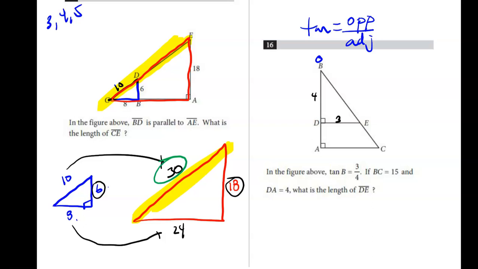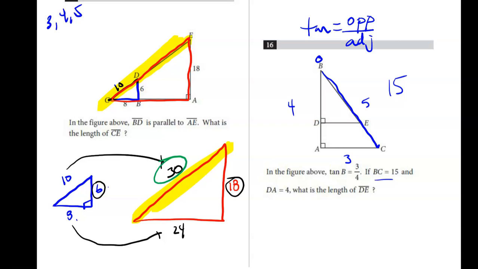And I'm going to focus on the bigger triangle, because the only value they really give me that was helpful was they did tell me that this side over here was 15. So if I have a 3 to 4 ratio, well, again, there's my triangle. There's my 3, 4, 5. But they told me that BC was 15. So it looks like it's scaled up by a factor of 3.